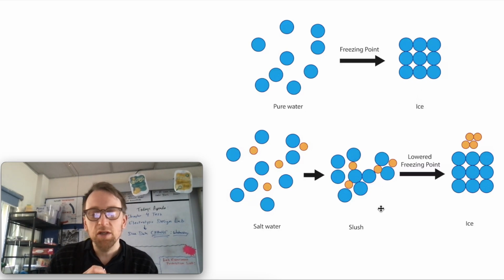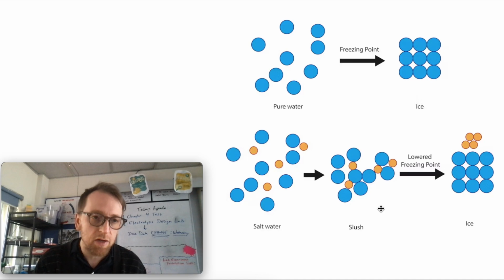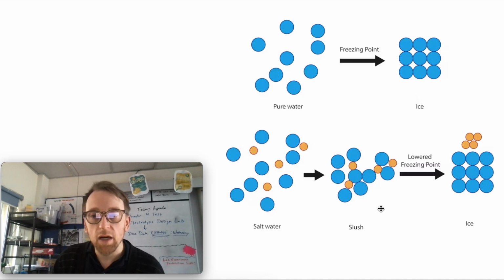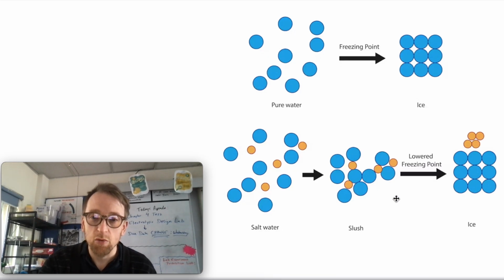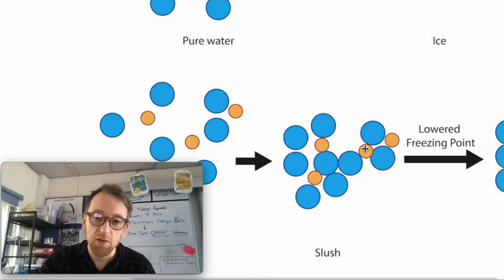The salt blocks that from happening, and so you're not able to freeze water at 0 degrees Celsius. It's because we've put this material in there, and that material is sort of like saying, no, you cannot come together to form an ice cube. We're going to block you, in a way.